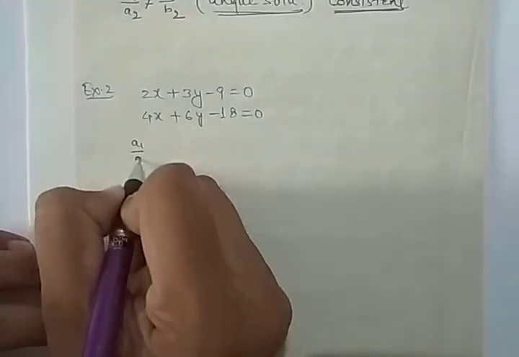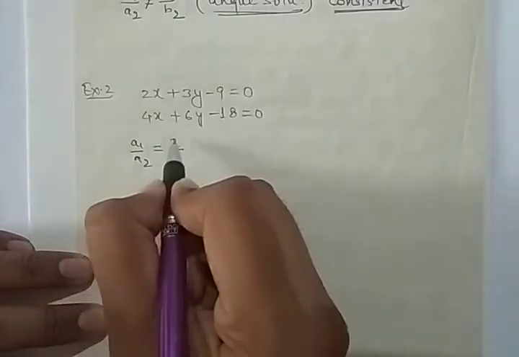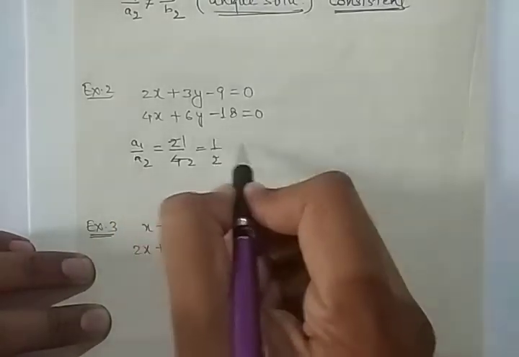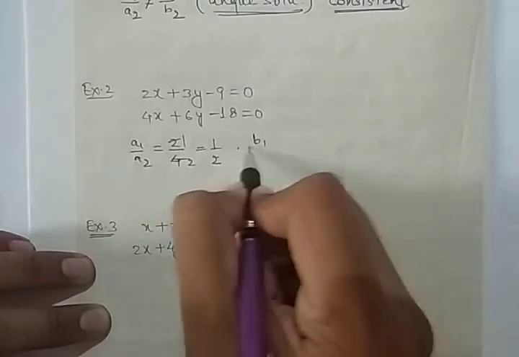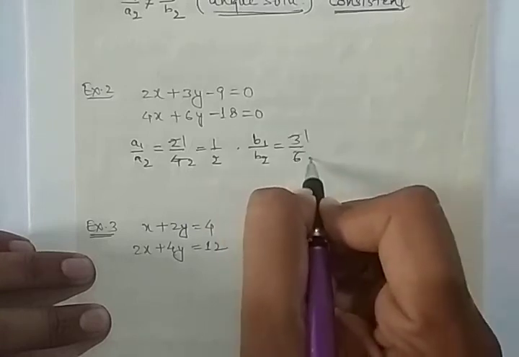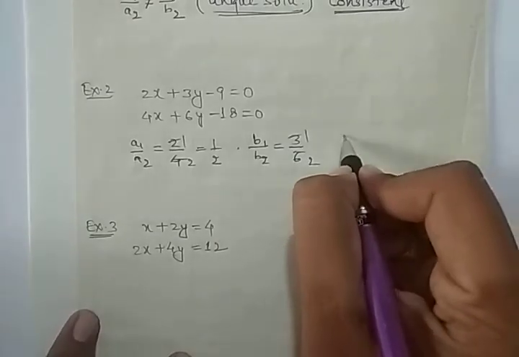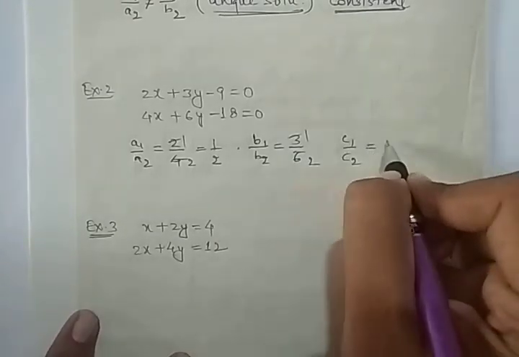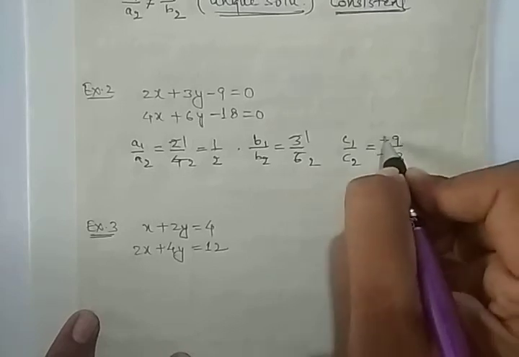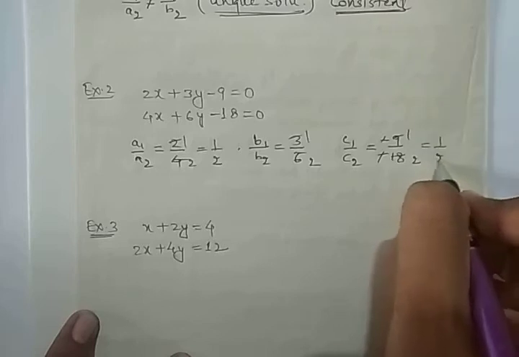Okay, now in the second example, again a1 upon a2 is 2 by 4, that is 1 by 2. Then b1 upon b2 is equal to 3 by 6, that is 1 by 2. And c1 upon c2 is equal to minus 9 upon minus 18. Minus minus cancel, 9 twos are 18, so 1 by 2.